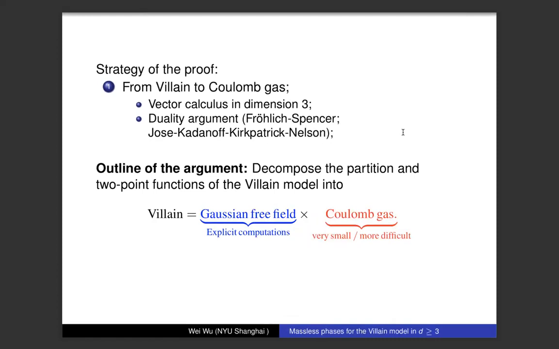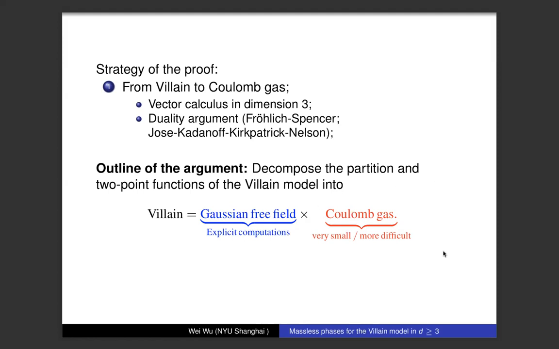Okay, so for the first step, this is going to be an argument which makes the prediction of Kosterlitz-Thouless rigorous. The argument shows that you can, in fact, decouple the Villain partition function into a Gaussian free field times a Coulomb gas, which has these local neutrality conditions. So all the difficulty is going to rely on how to understand this locally neutral Coulomb gas.